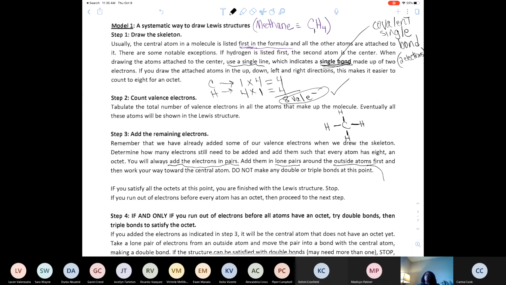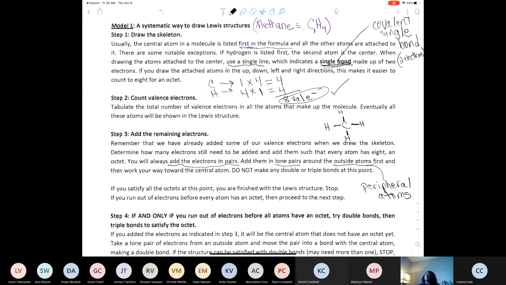The outside atoms are the ones that are connected to the central atom. In some textbooks, they're also referred to as peripheral atoms. They're on the outside. And so always put those lone pairs around the peripheral atoms in a way that gives them a total of 8 electrons around them.